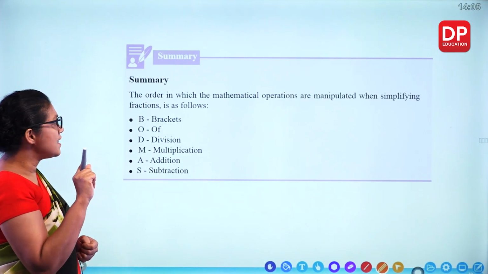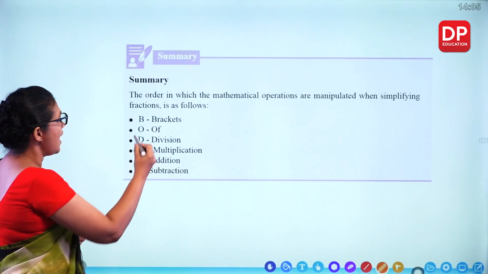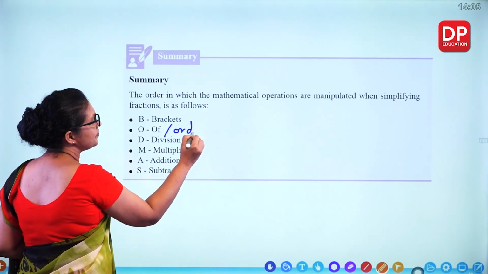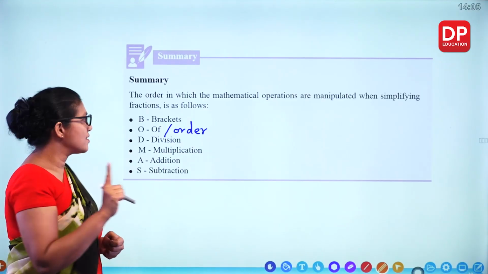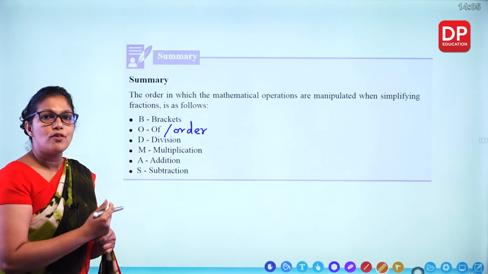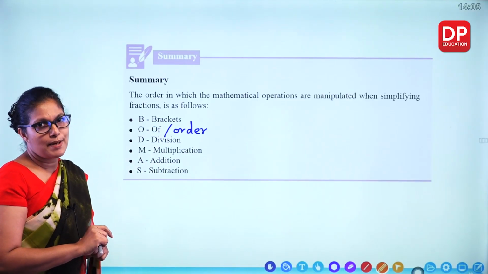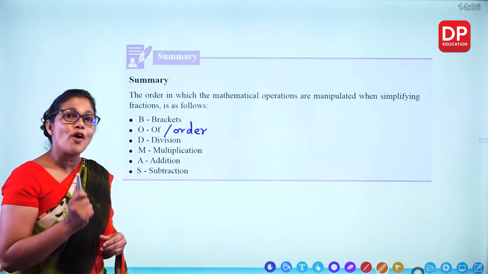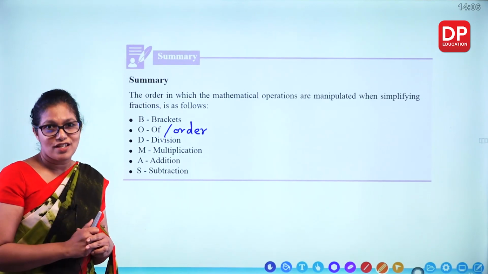When you are dividing means multiplying by the reciprocal, and here I told you of or order. But in this lesson, we are not considering powers. So, of you have to do after brackets. Of means multiplication of fractions. Practice all these and be thorough with fraction multiplication, division, subtraction and addition.